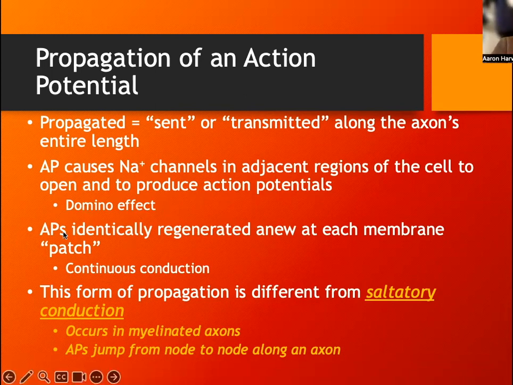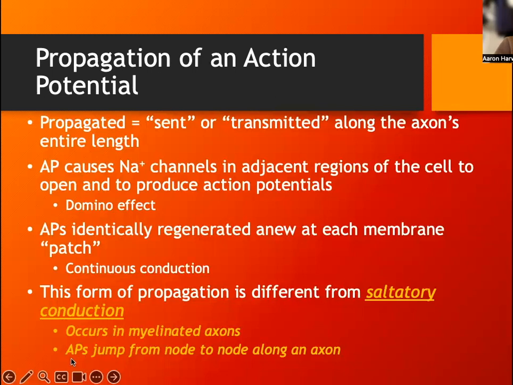These action potentials are identically regenerated, new, at each membrane patch, and you'll see a continuous conduction pattern. This form of propagation is different than a type of propagation called saltatory conduction. Saltatory conduction occurs at myelinated axons. What we're talking about here is unmyelinated.